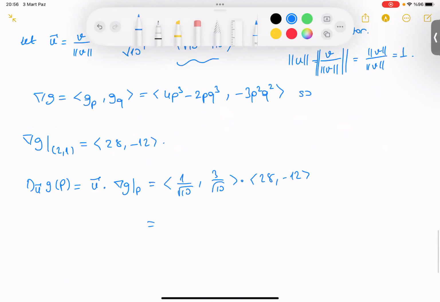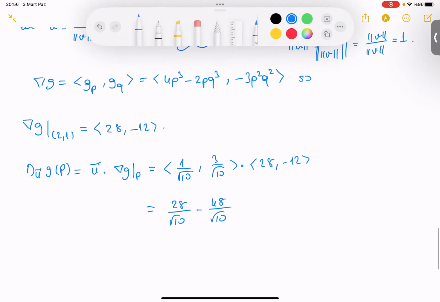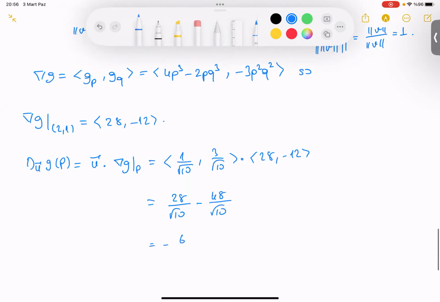You multiply them component-wise. 48 over square root of 10. So you get this.